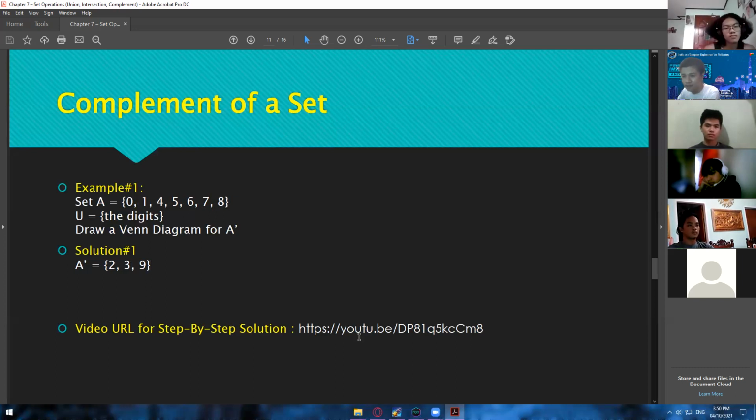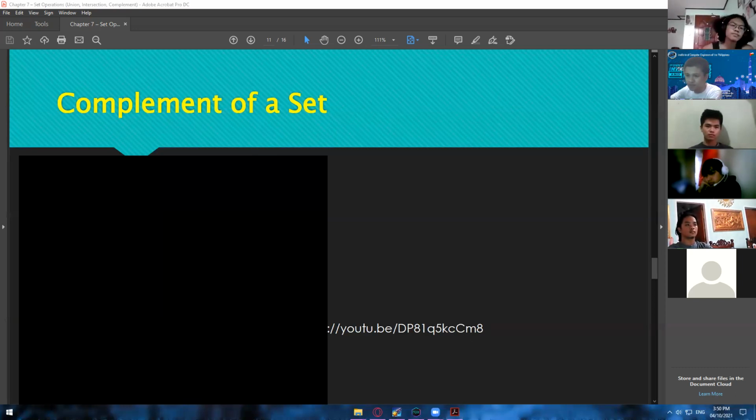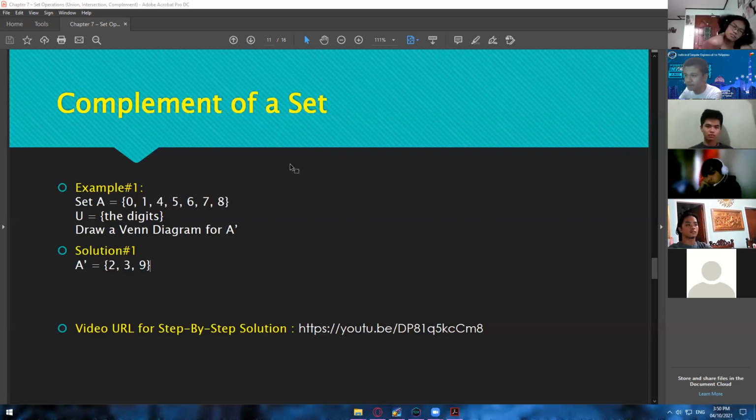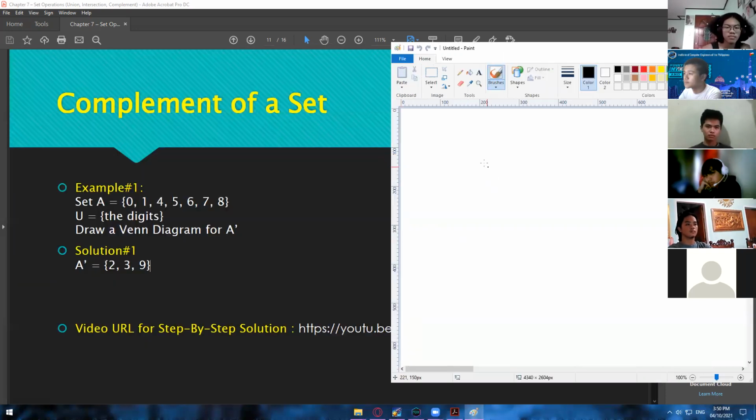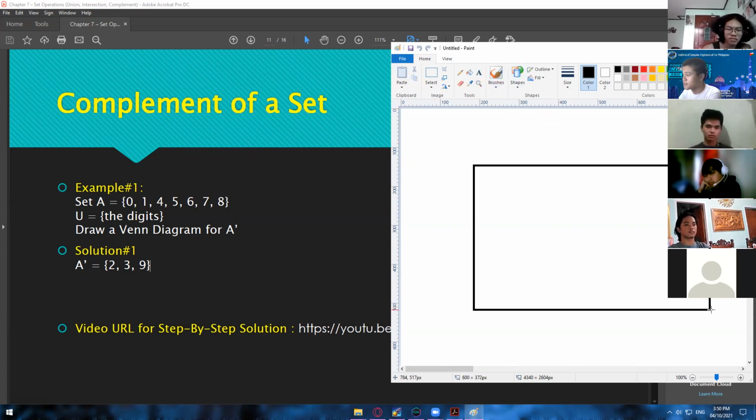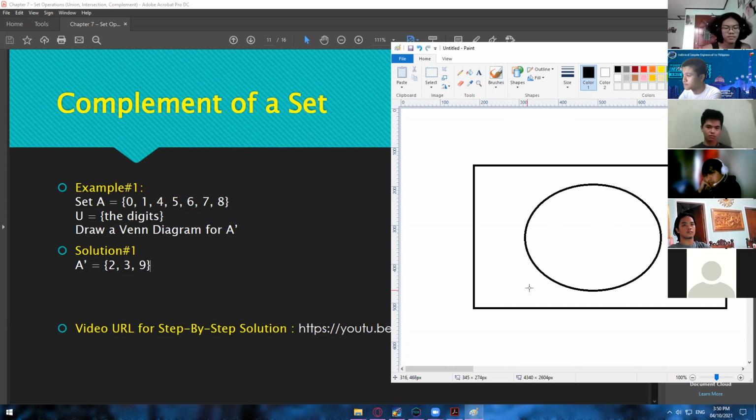But if you guys are going to draw this one on a Venn diagram, draw the universal set first, which is represented by a rectangle, and then a circle is the set A itself.